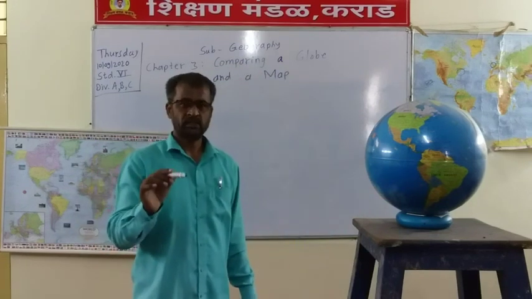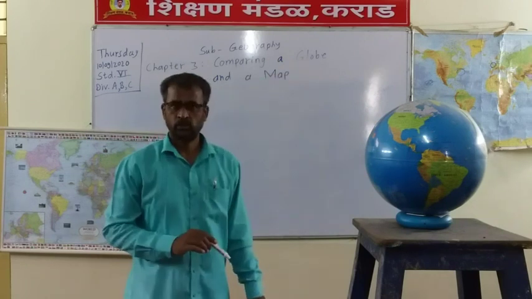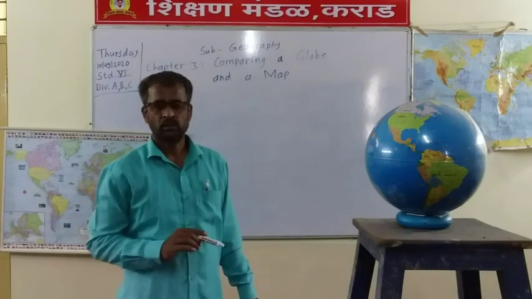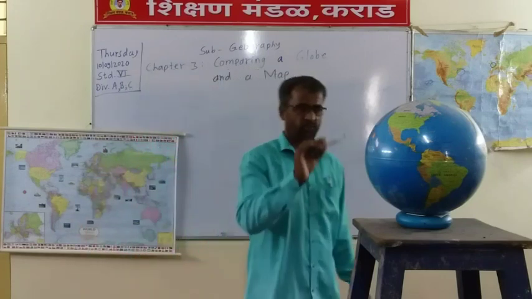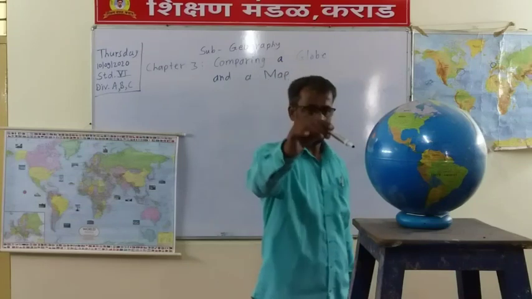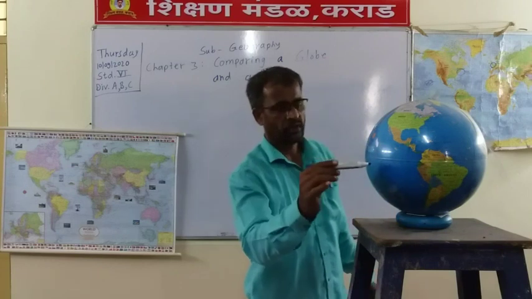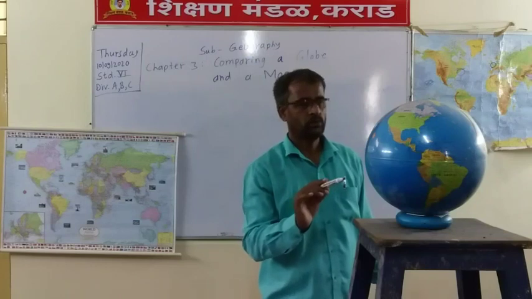Then how do we express the location of a place on the surface of the earth using the graticule system? Angular distance of a place from the equator: we have learned that the 0 degree parallel is considered the equator.